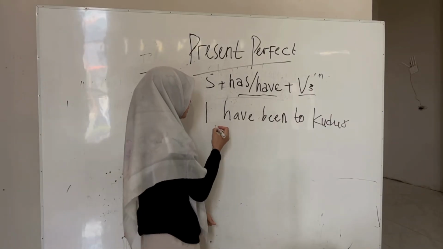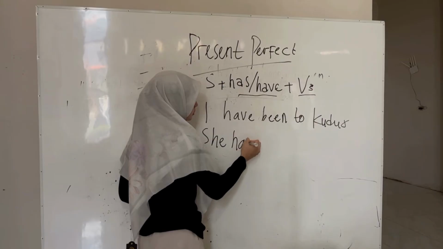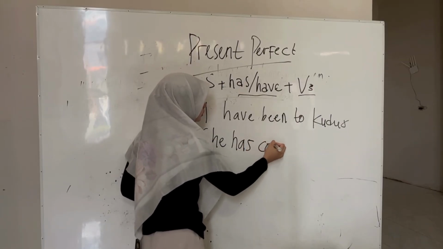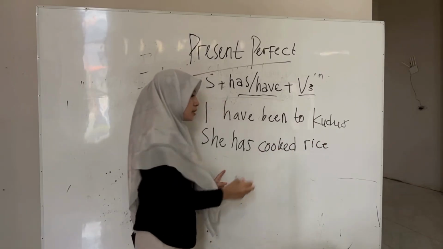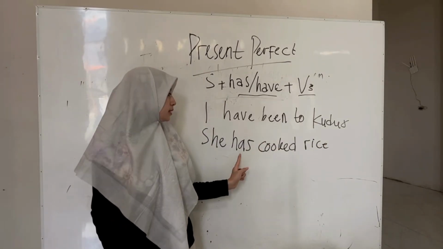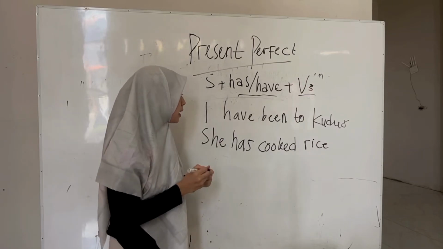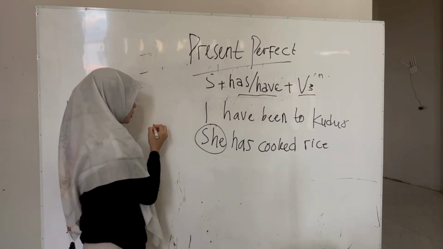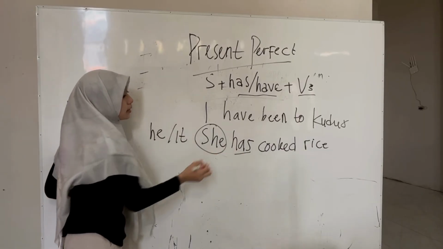So the other example, she has cooked rice. She has cooked rice. She has already cooked rice. So, for the subjects she, he, it, we use has.